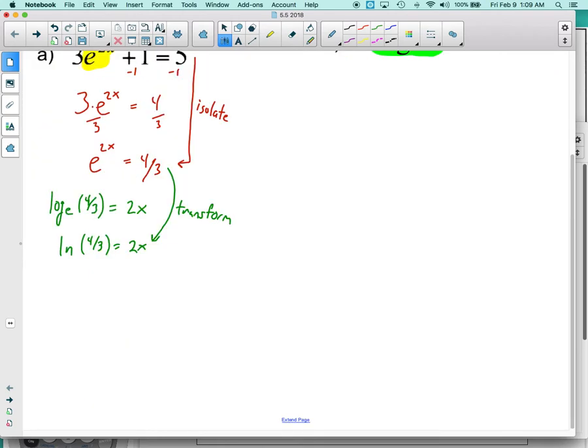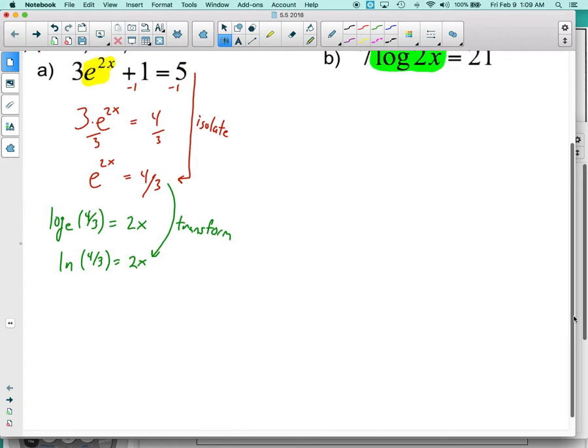So we go from an exponential equation to a logarithmic equation, and notice how that gets us closer to knowing what x is. I have one more step here. In order to get x by itself, we need to get rid of that 2 too. So x equals the natural log of 4/3 divided by 2. So there's our exact answer.